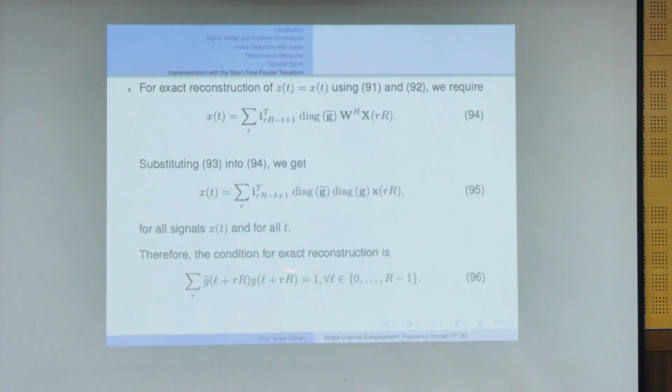Suppose that you choose an analysis window of length L, and you choose step size R. Then there are an infinite number of solutions for the synthesis window G tilde that satisfy the exact reconstruction condition. So there are many solutions.